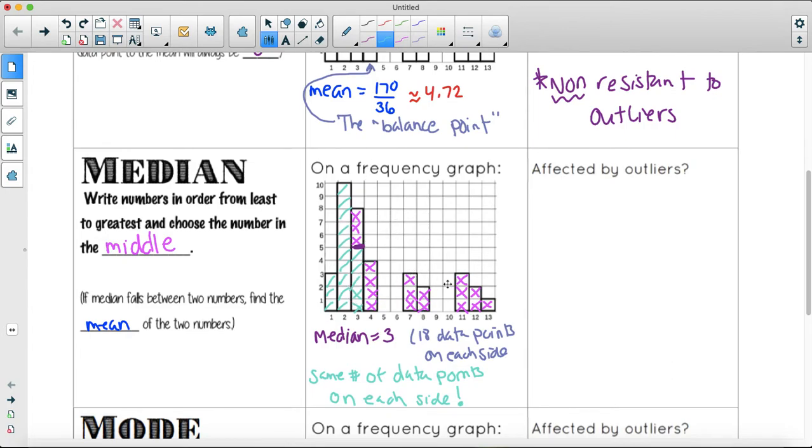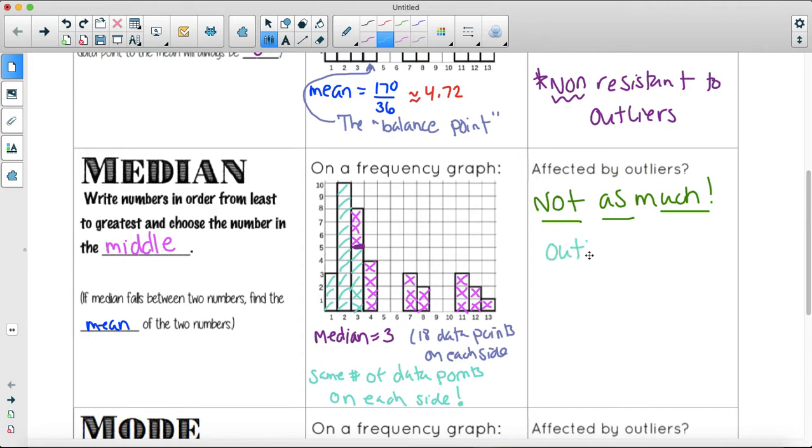So the question is, is the median affected by outliers? The median is affected by outliers, but not as much. It can still be affected because it can still kind of pull it up, but outliers don't pull the median down as much as the mean.